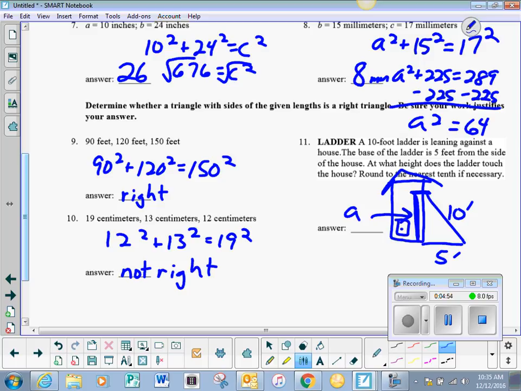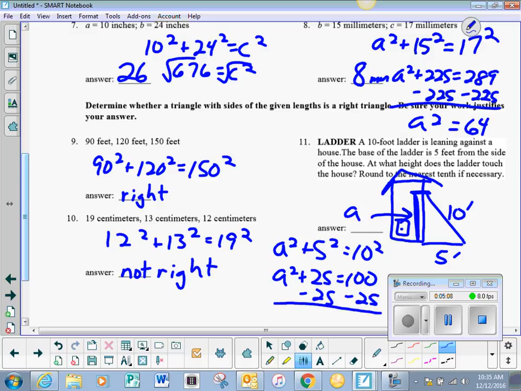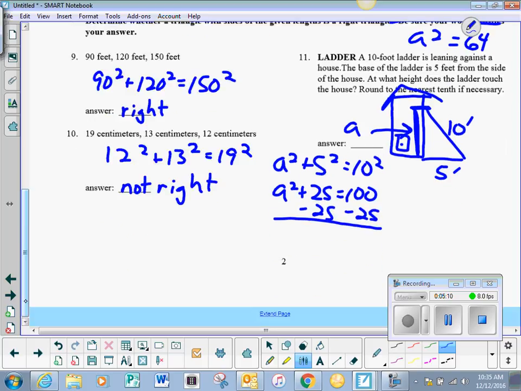We'll call that A. A squared plus 5 squared equals 10 squared. A squared plus 25 equals 100. Subtract 25 from both sides. So A squared equals 75. Take the square root of both sides, and A is the square root of 75.